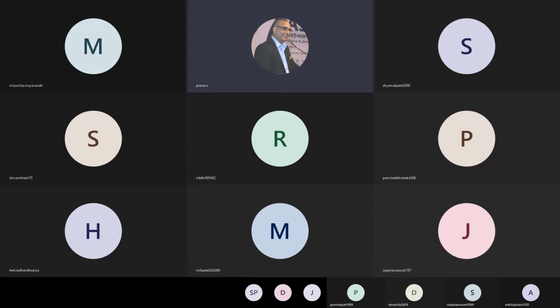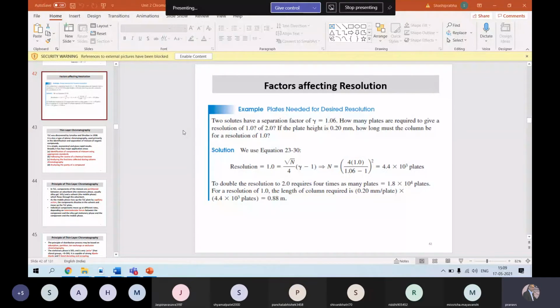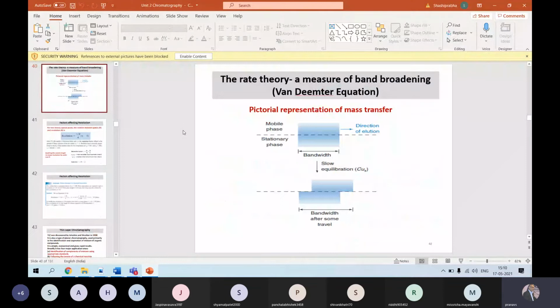Okay, till they join, I'll just start to share my screen also. Acha, we had finished till, I suppose, slide number 42, factors affecting resolution. We had completed this, right?